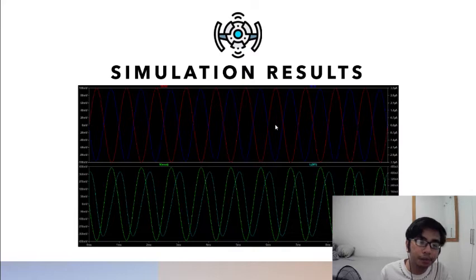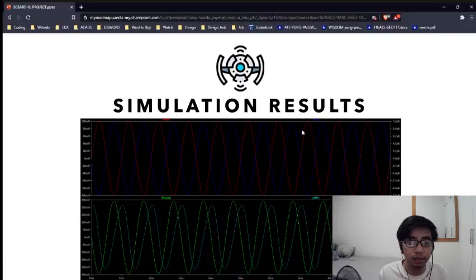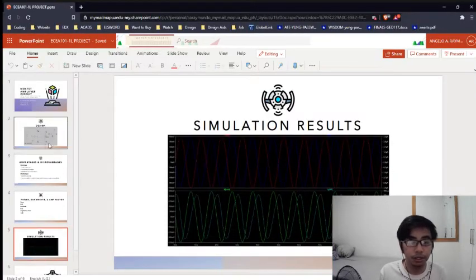The red wave is the V in, and the green is the V out. The blue is the input current, and the light blue is the gate current from the MOSFET transistor.